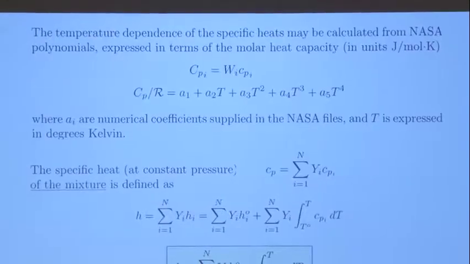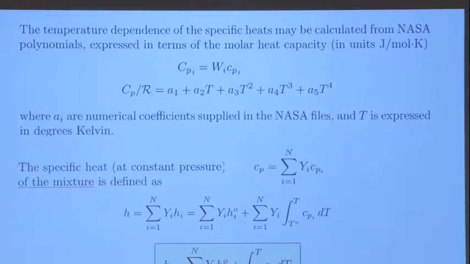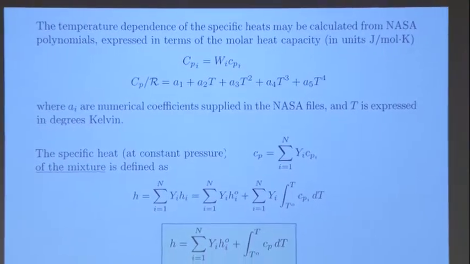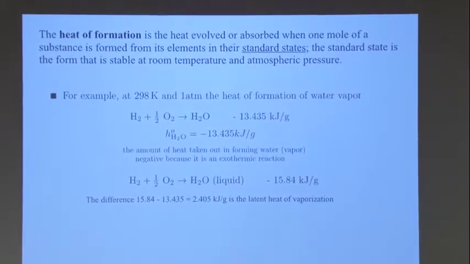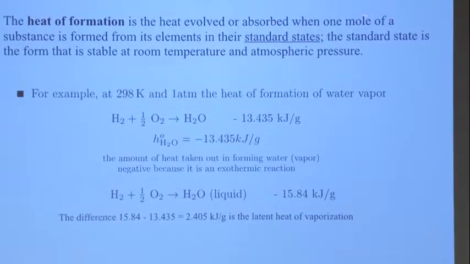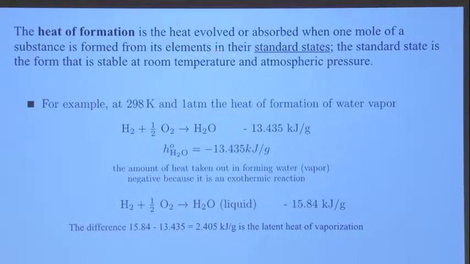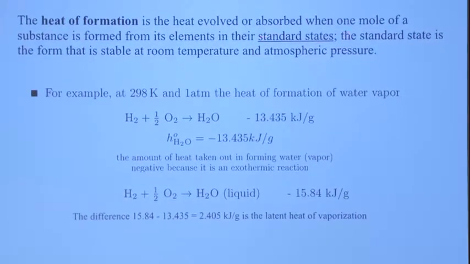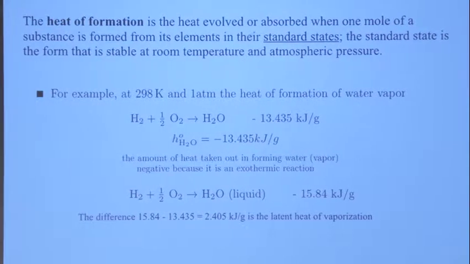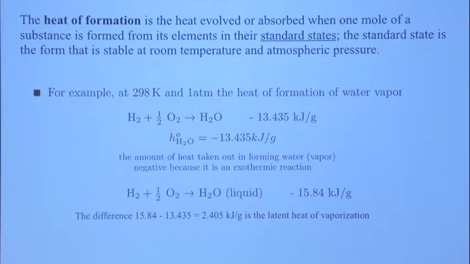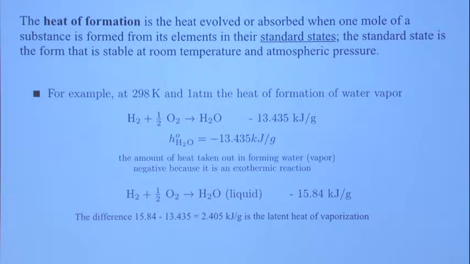Here is the definition of the heat of formation. So Hi naught are chosen as the heat of formation, and it's the heat that evolved or absorbed when 1 mole of substance is formed from its elements in their standard state. And the standard state is the form that is the most stable at room temperature and atmospheric pressure.